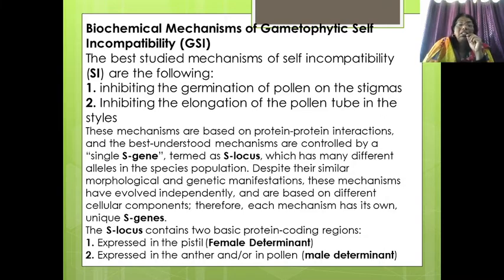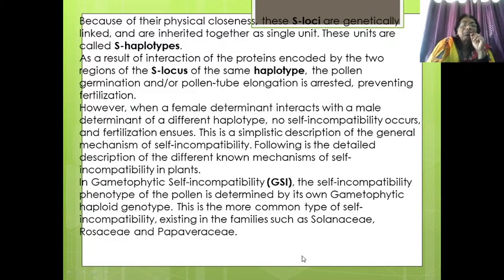On that basis, the S locus contains two basic protein-coding regions: one expressed in the pistil, which is a female determinant, and the second expressed in the anther or pollen, which is a male determinant. Because of their physical closeness, these S loci are genetically linked and are inherited together as a single unit. These units are called S haplotypes.